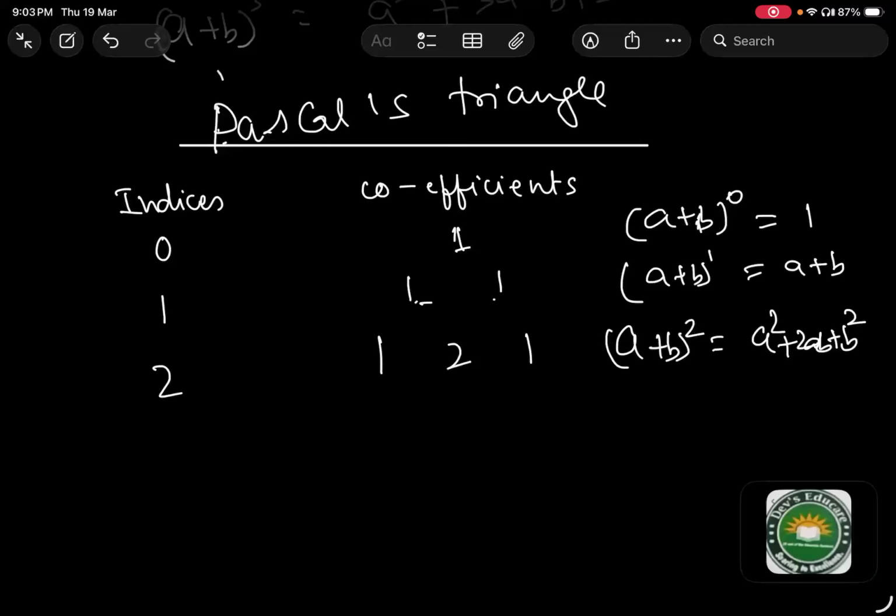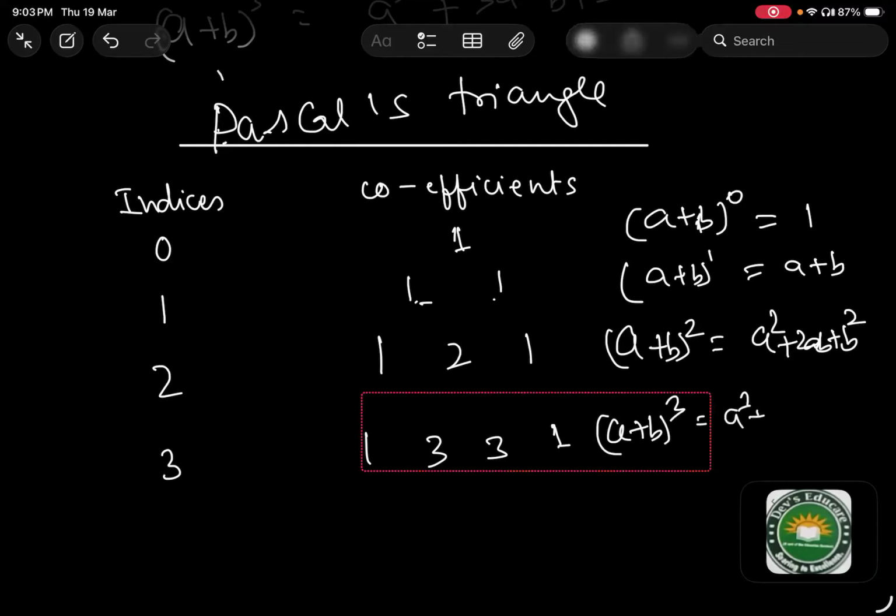And if the power or index is 3, then it will be 1, 1 plus 2, 3, 2 plus 1, 3, and 1 this way. So a plus b whole cube is a cube plus 3a square b plus 3ab square plus b cube.